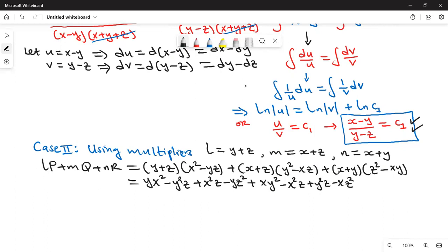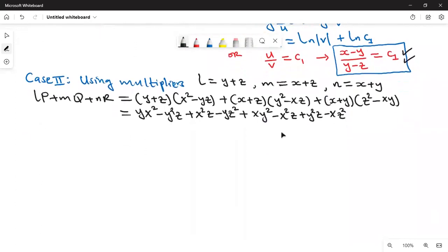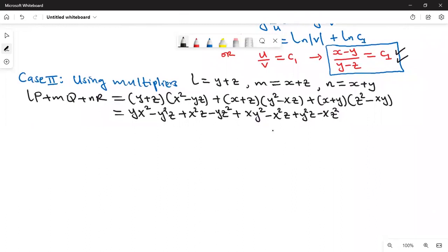That's the second term. Then the third term, when we open the bracket, we are going to get plus xz squared minus x squared y plus yz squared minus xy squared.